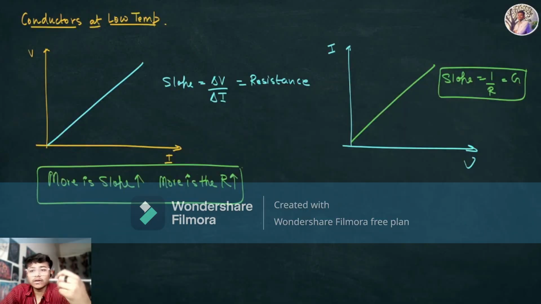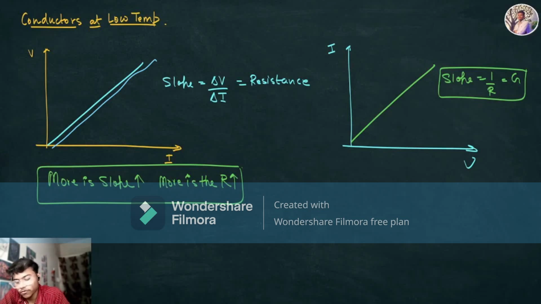So V is directly proportional to I, so there will be a directly proportional graph. And if we have a graph of I by V, it will give you 1 by R, or you can say G.